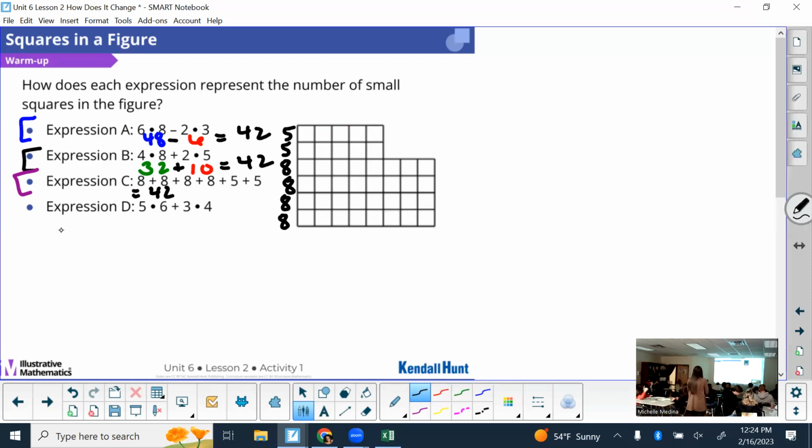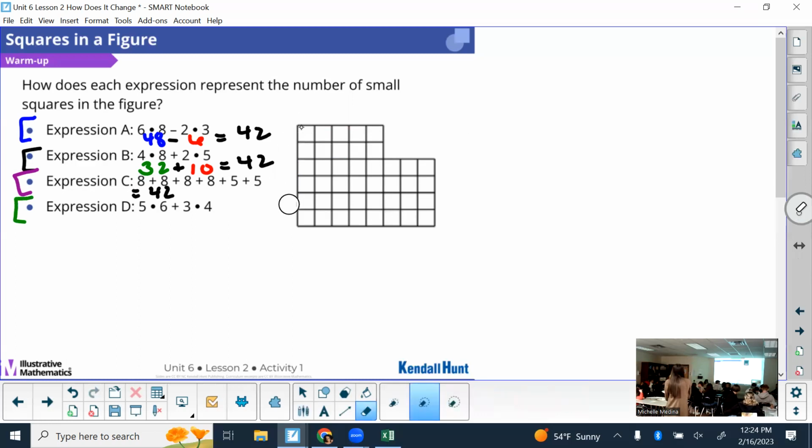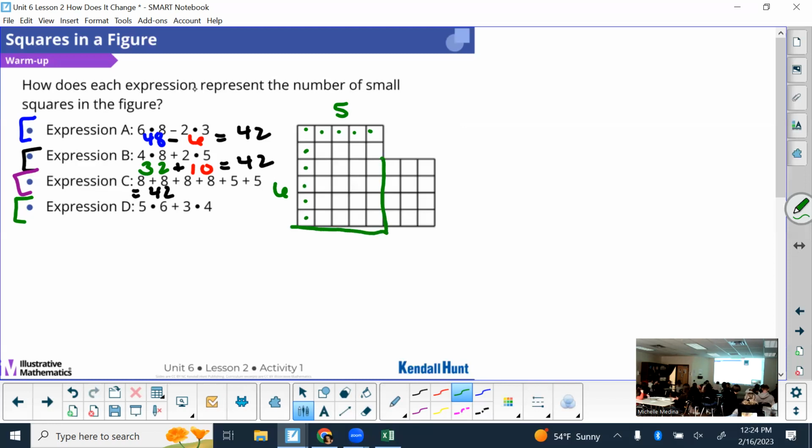Table 7, expression D. Can you explain that one to me? 5 times 6 plus 3. Okay, where are they getting the 5 times 6 from? 1, 2, 3, 4, 5. The 6 from? Okay, 3, 4, 5, 6. So that gives us the area of this rectangle, which is what, class?